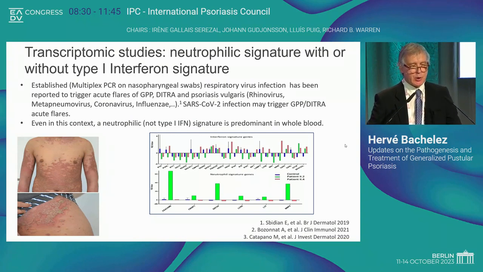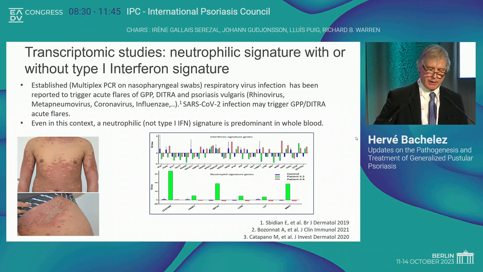And second, transcriptomic studies started in the skin and the blood. This is just showing the blood in the context of a SARS-CoV-2 induced GPP flare in the patient with the V2F mutation I was just presenting in the previous slide.